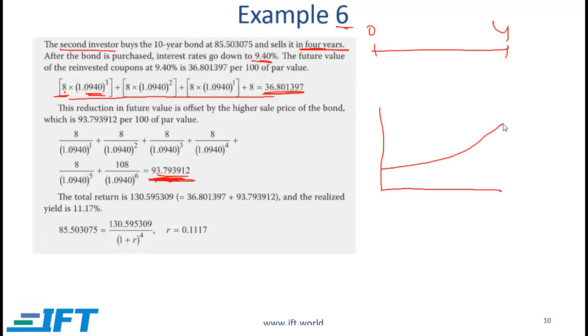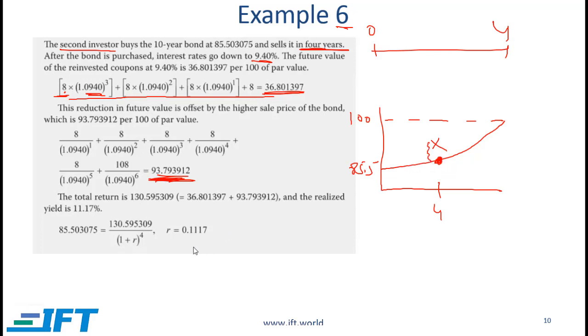Remember, if we look at the constant yield trajectory, which is going from 85.5 to 100, at the end of 4 years, the amount at which the investor sells this bond is higher than this number on the constant yield trajectory. That is because interest rates have come down.